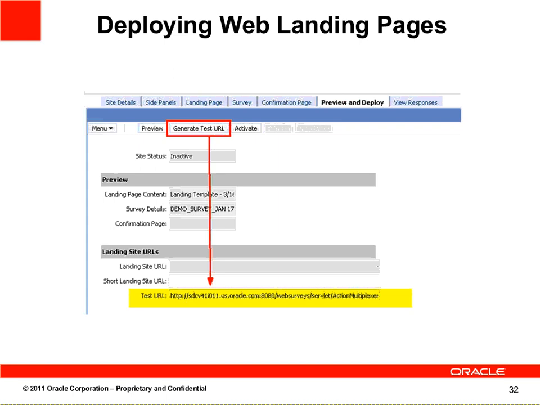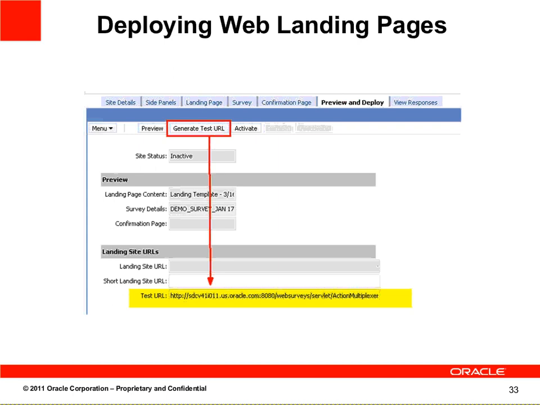You can also generate a test URL. Once you click Generate Test URL, you will see that the test URL text box is populated. You can copy that URL, you can put it in a browser, and you can navigate to the landing page.